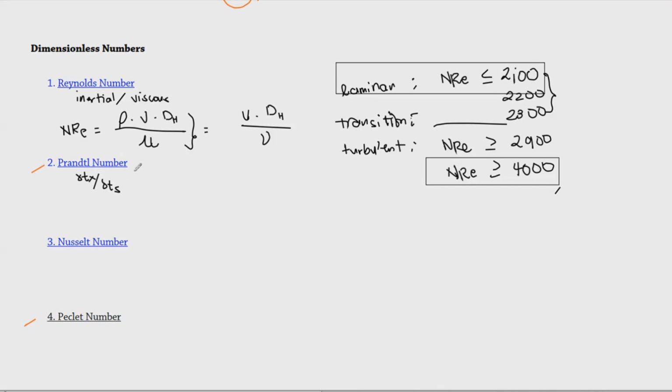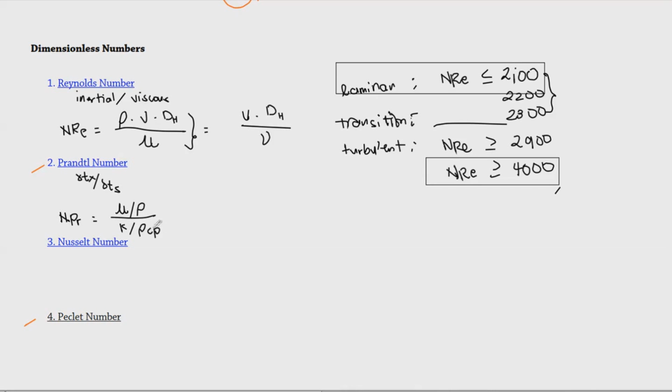If we wanted to give a formula for it, since we're considering the velocity boundary layer as the ratio, we could say that this is the dynamic viscosity divided by the density, and then we take the ratio of our thermal boundary layer, that is the thermal conductivity over the density and the specific heat capacity.